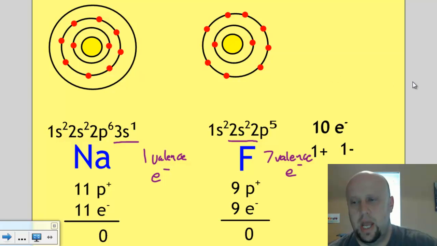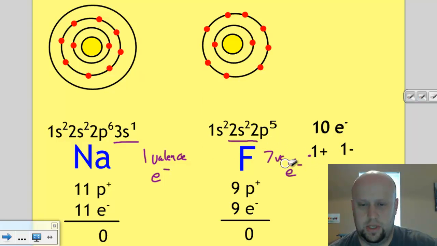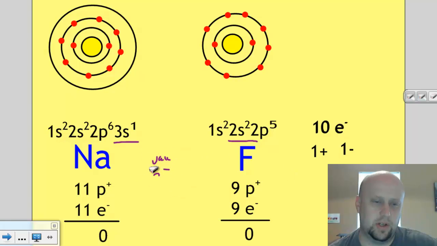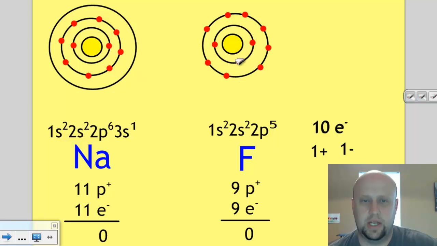Okay? And now what happens is that instead of having just 7 valence electrons, fluorine now has 8 in its outer shell. Okay, count around again the outer shell. So 1, 2, 3, 4, 5, 6, 7, 8.